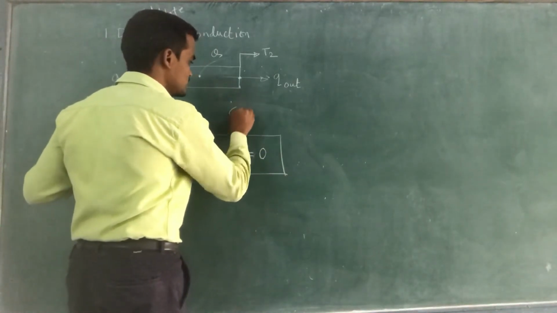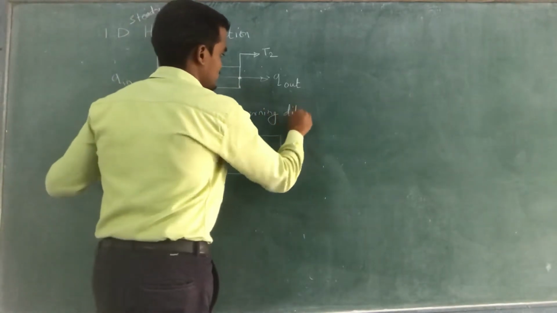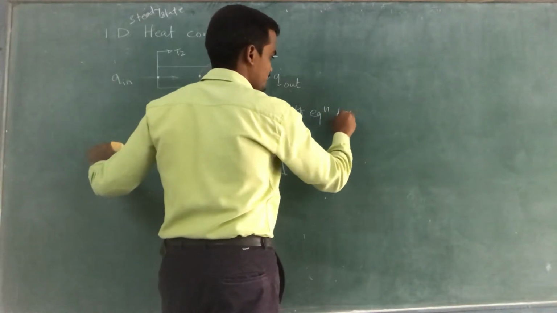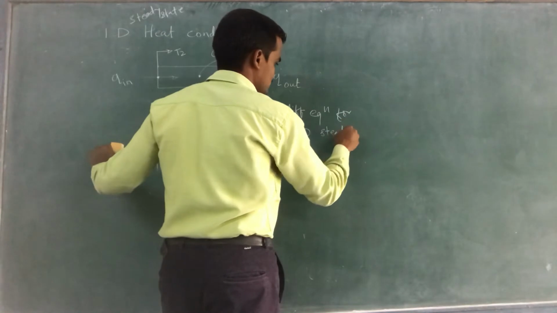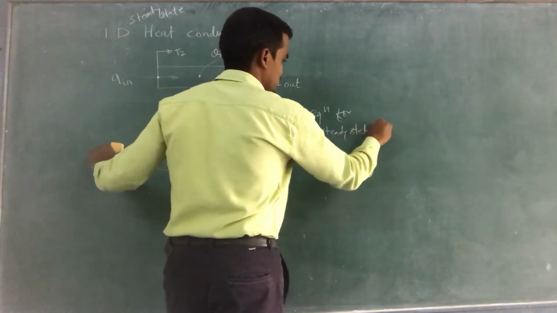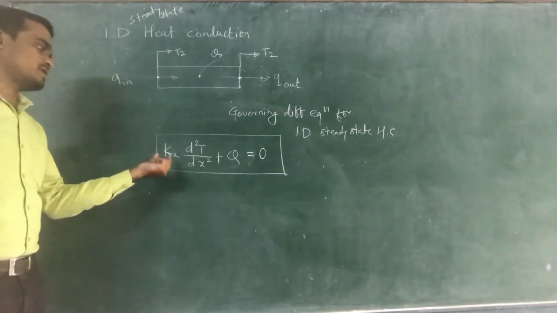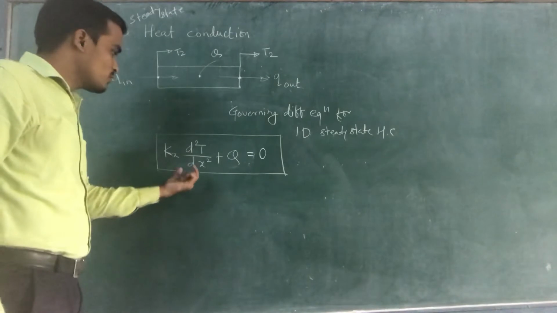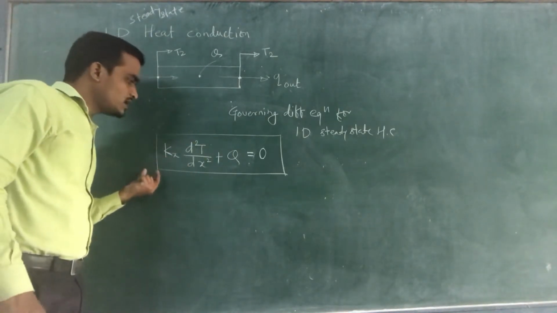So this is your governing differential equation for one-dimensional steady state heat conduction. Now we are going to apply our finite element procedure to this governing differential equation.